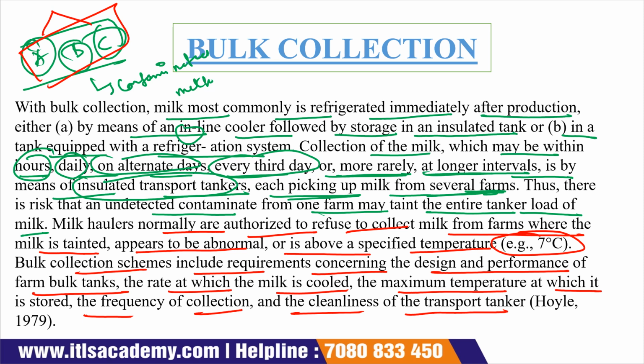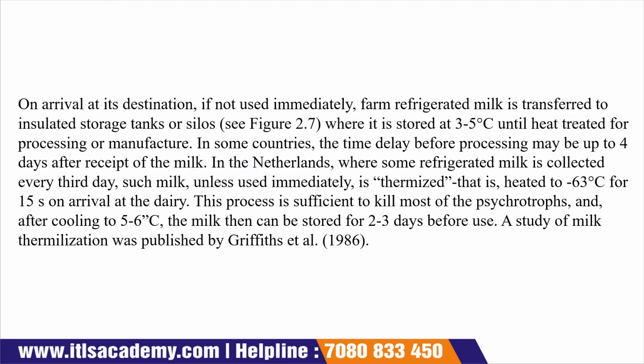So here the scheme includes the design and performance of the farm bulk tank, the rate of cooling, the maximum storage temperature, the frequency of collection, and the cleanliness of the transport tanker, so that it will not contaminate the milk.